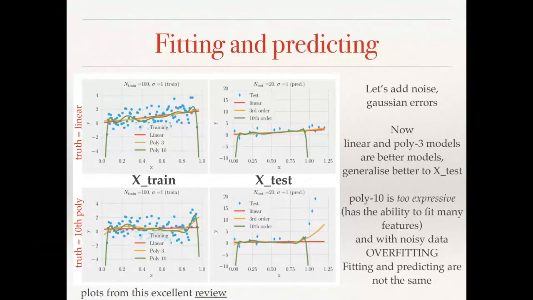So since each of our measurements is no longer so precise, let's collect more of those and see what happens. So here we are going to do exactly the same. The truth is still a linear and 10th order polynomial.